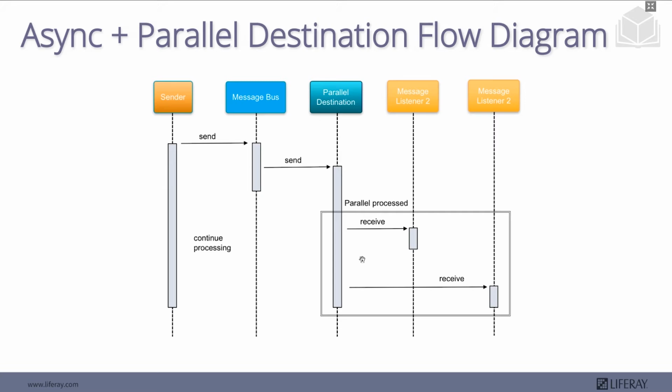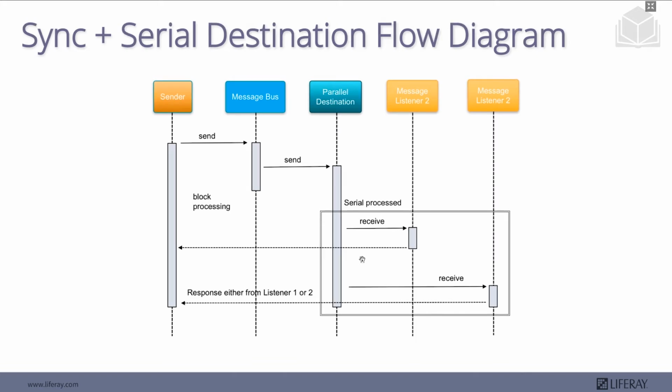Let's assume we have two listeners here, and these listeners can be processed in parallel. So one thread working for each message for each message listener, all the while the sender is just progressing on doing whatever it is that it's doing. So asynchronous parallel, right? Send it, have it processed, and I can still do my thing.